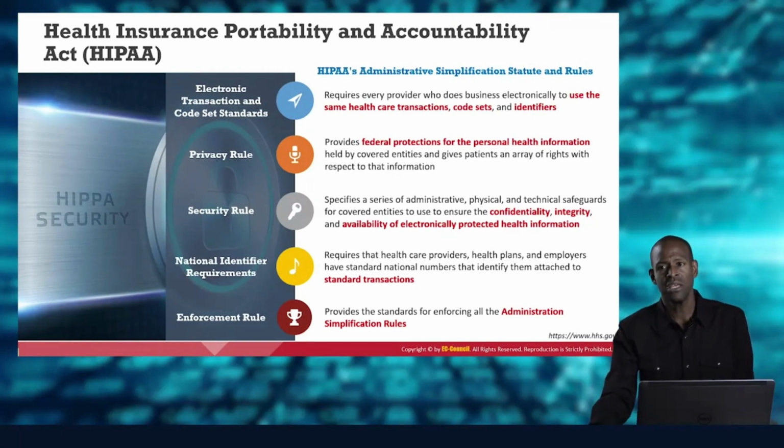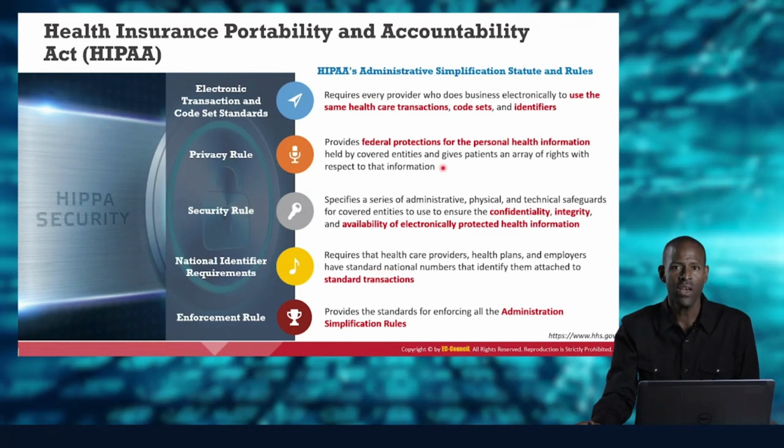Some of the simplification of HIPAA rules: we want each provider who does business electronically to use the same healthcare codes and transaction identifiers, so we can match code for code, identifier for identifier, and know who's talking what. Also, we want protections for personal health information.